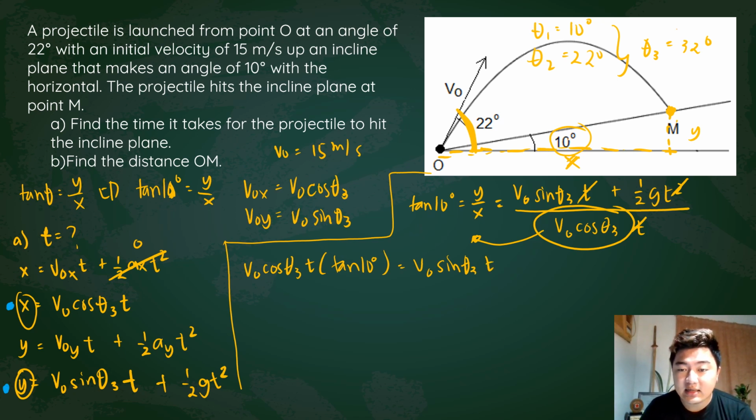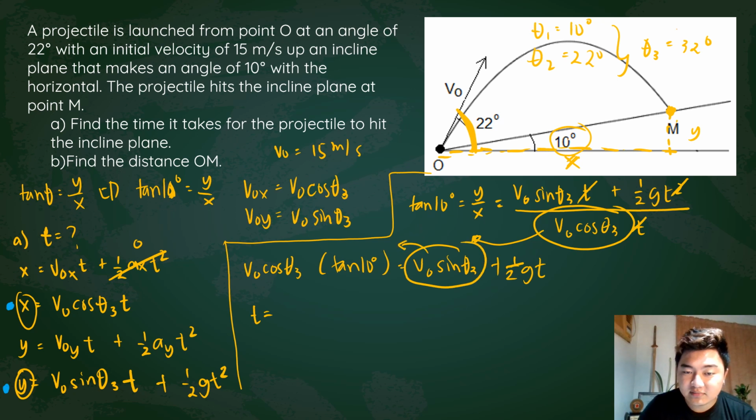Oops, we already canceled out the time, plus 1/2 gt. So we are left with time in this expression. So we need to rearrange the equation to have just time on one side of the equation. So time will be equal to, you can transpose this one first.